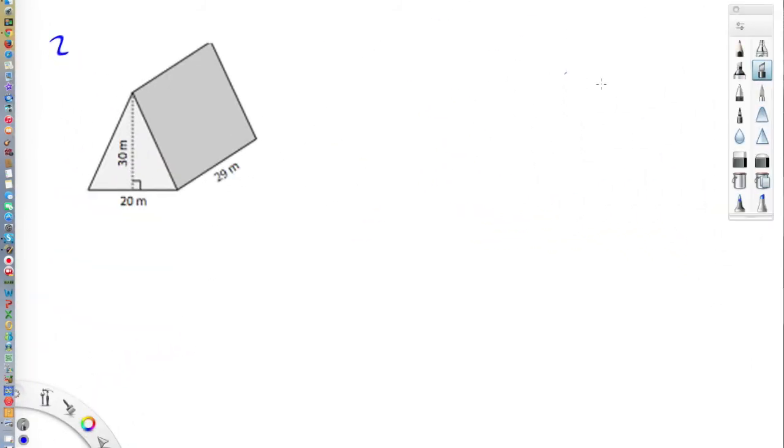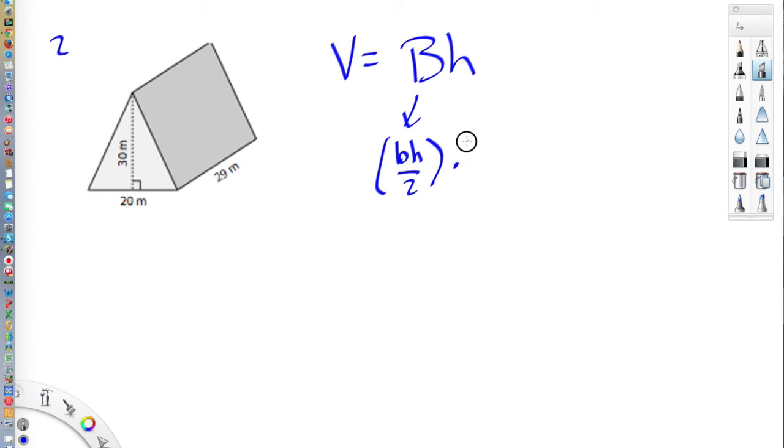Let's take a look at number 2. We have a triangular prism. Volume is equal to big B times H. Big B is the area of my base shape, which is a triangle, base times height divided by 2. Then I multiply by the height of the prism.